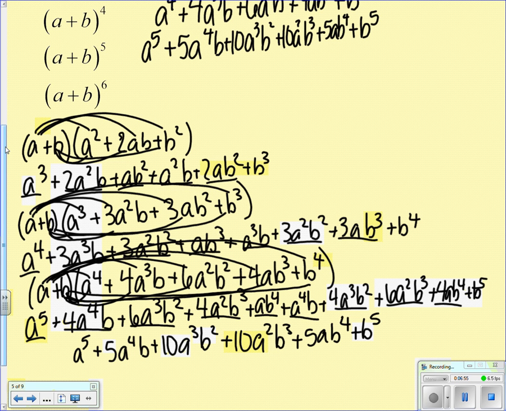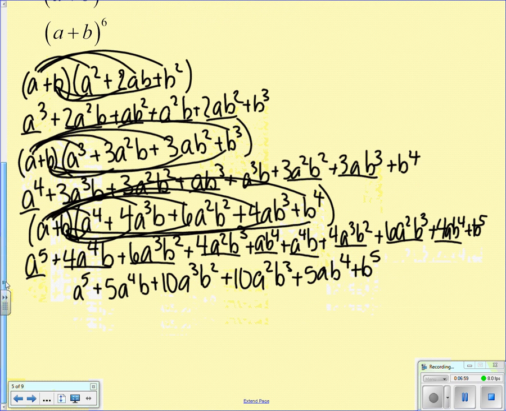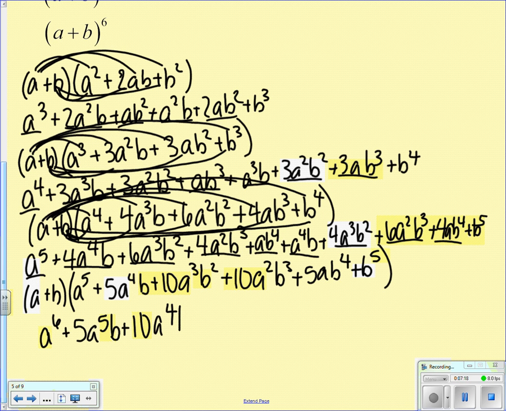Okay, and we've got one more line to do, and then hopefully you'll be able to see the pattern. So we're going to multiply all of this by a plus b. And I'm not going to just use my distribution lines because it's starting to get a little hectic because I've got so many of them. But I'm going to have a to the 6th, and then 5a to the 5th b, and then 10a to the 4th b squared, and then 10a cubed b cubed, and then 5a squared b to the 4th plus a b to the 5th.